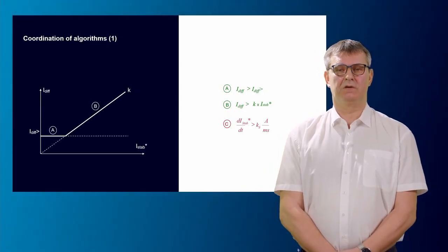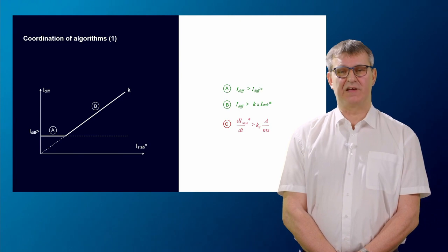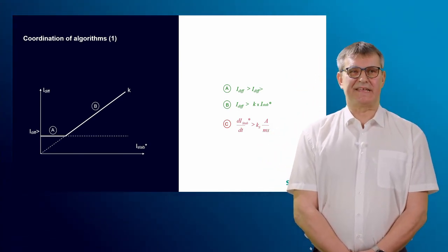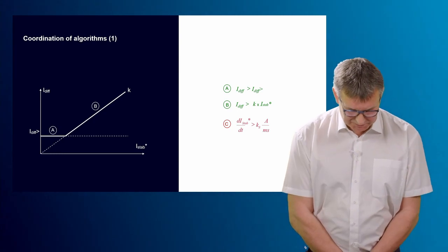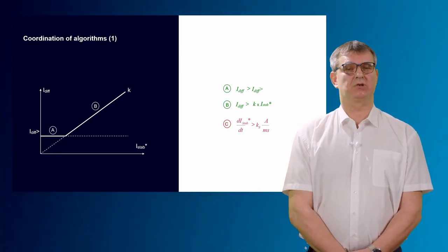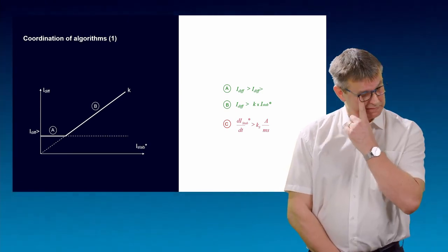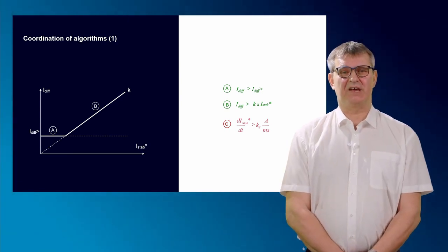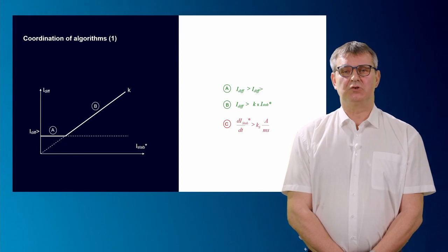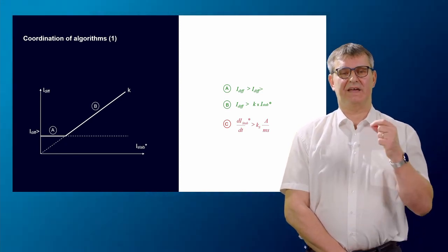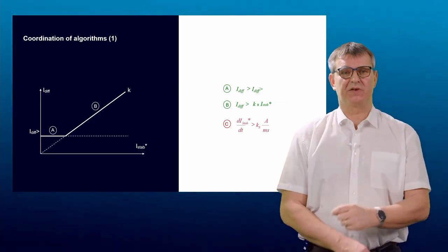So now we are just before my favorite slide. Let's sum up before I will come to explain really the coordination of the algorithms. We have 3 criteria. We have the criteria A, which means that the differential current must be higher than the minimum differential current threshold.